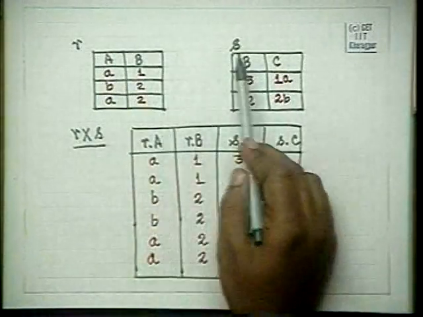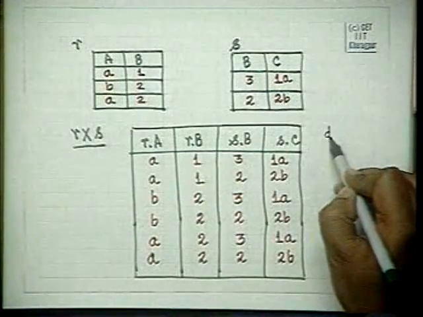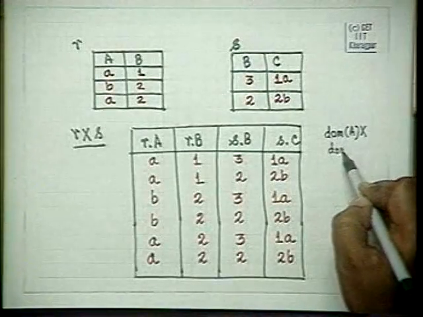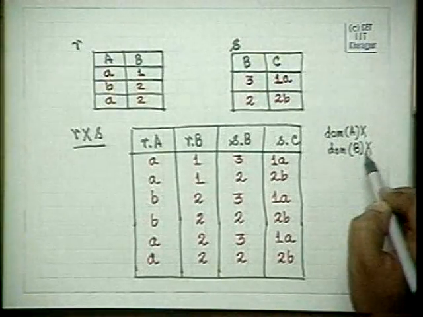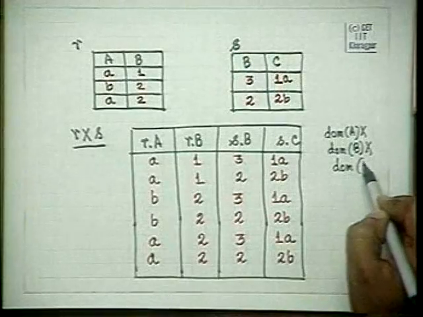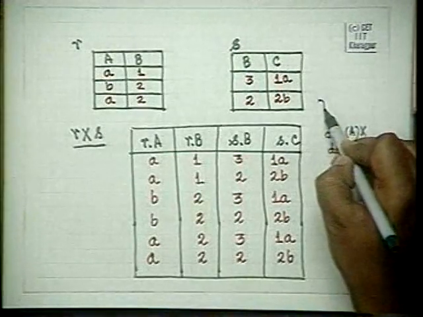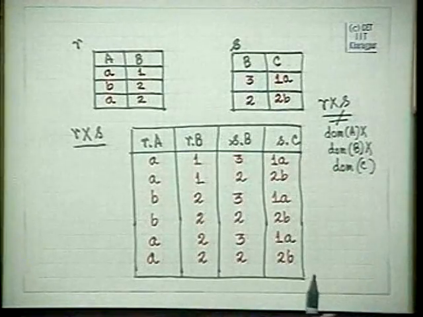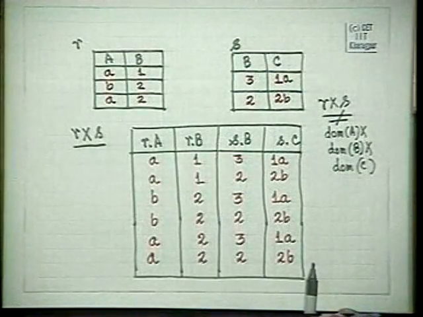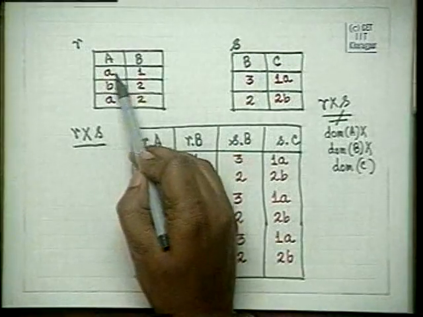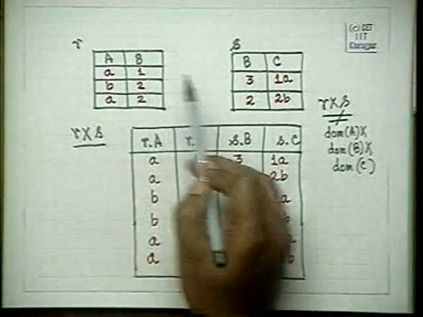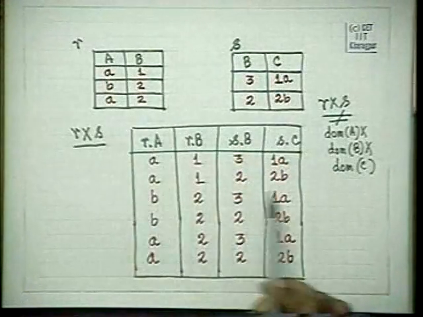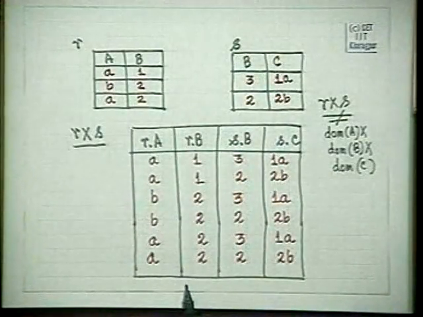It is not the same as DOM A cross DOM B cross DOM C; R cross S is not equal to DOM A cross DOM B cross DOM C. It is this tuple as one item combining with this tuple as one item, and therefore we have got all the possible combinations.